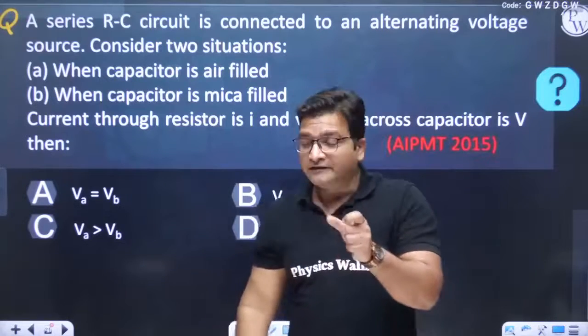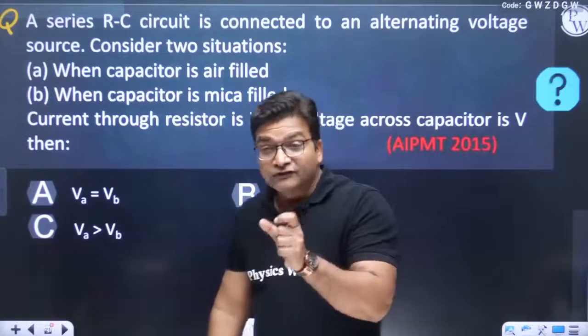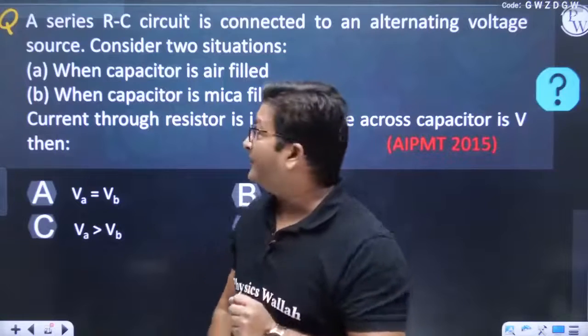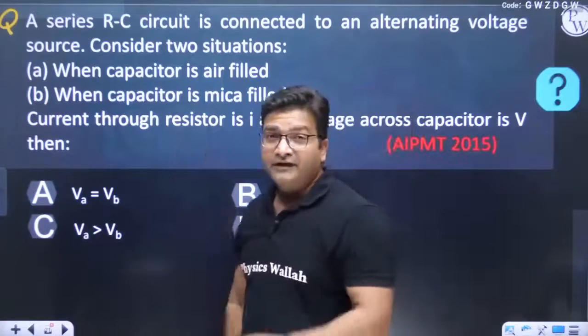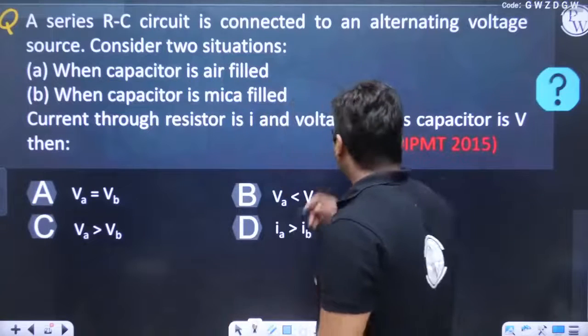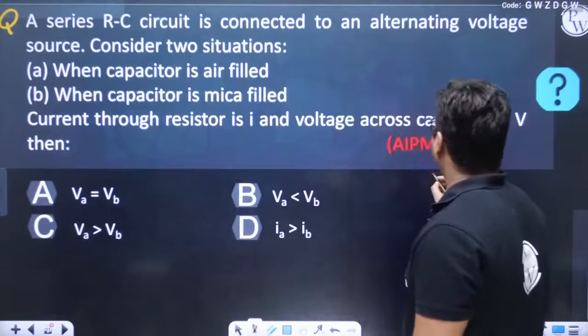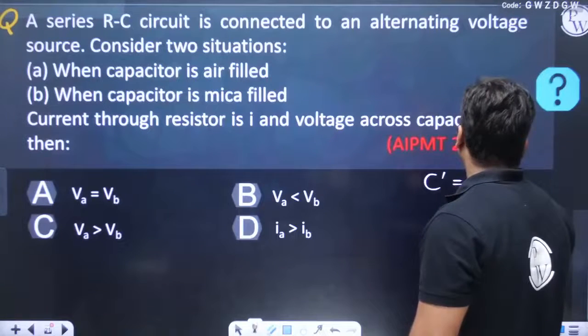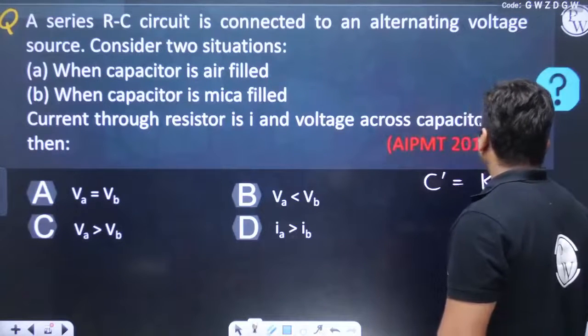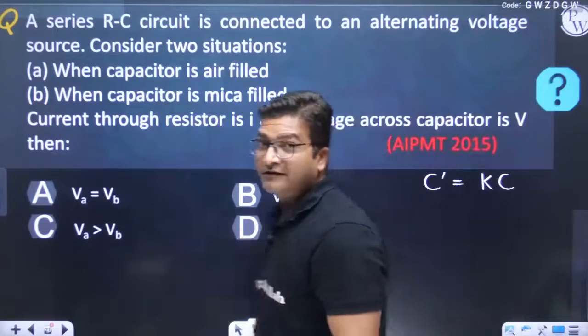Now we have inserted an insulator or dielectric inside the capacitor. So A, we have an air capacitor, and B, we have a dielectric capacitor. I think you remember, when you put a dielectric in a capacitor, its capacity improves by a factor that is called the dielectric constant. So capacity increases in B.